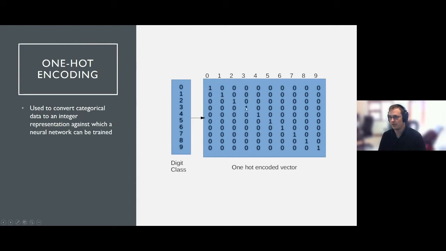So you can see here, in the case of 7, we put 1 in at index 7 to transform our output class to a one-hot encoded vector. And this also works if we have classes that aren't actually digits, like car, truck, bus, whatever, so the neural network can then relate that to numbers, which it can then learn.